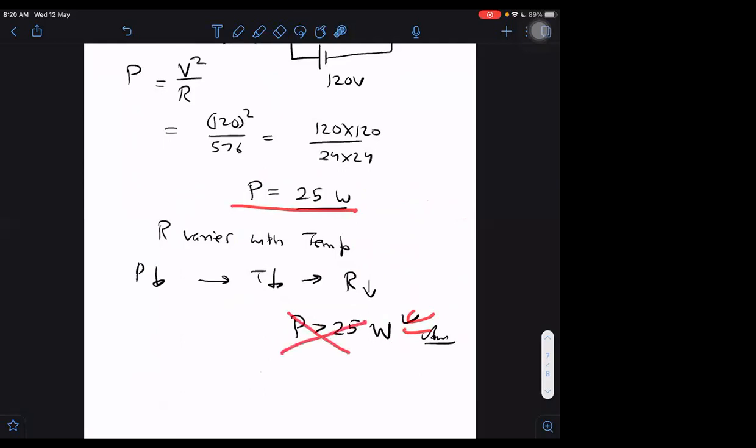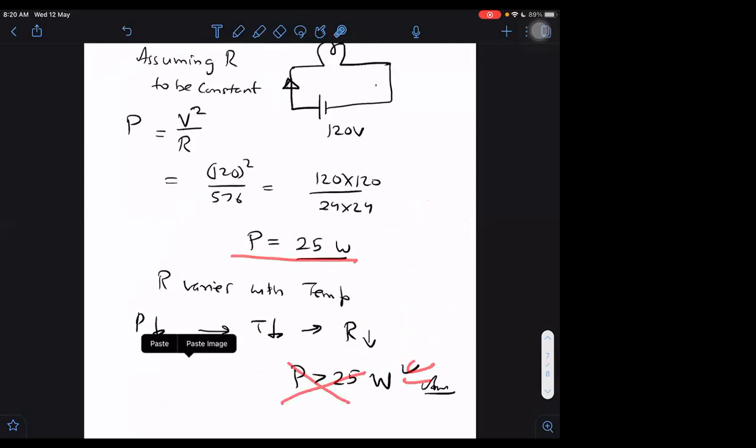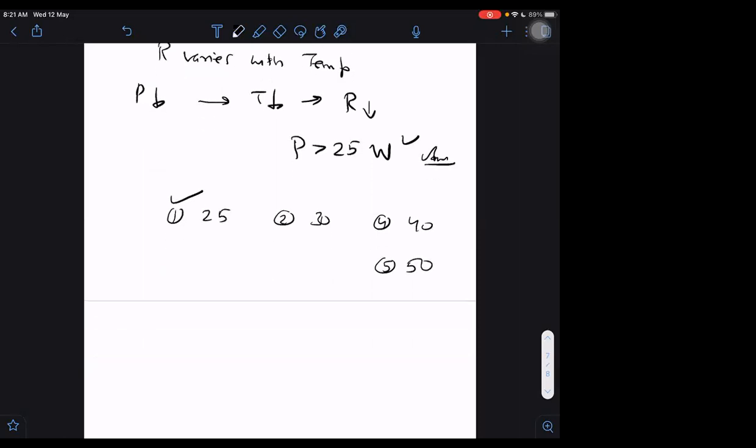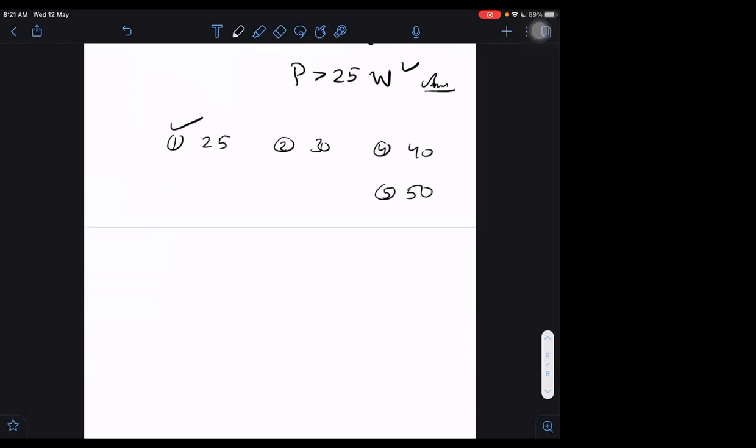When no such option is given, it means they are assuming R to be constant, and in that case we will also take this as the answer. So it is dependent on the choices. For example, if I give you choices of 25 watt, 30 watt, maybe 40 and 50, then our answer is 25 watt.